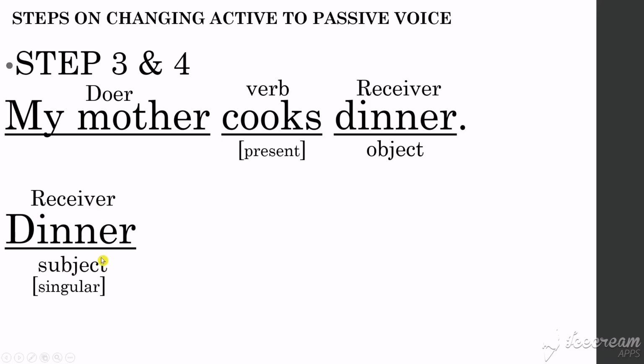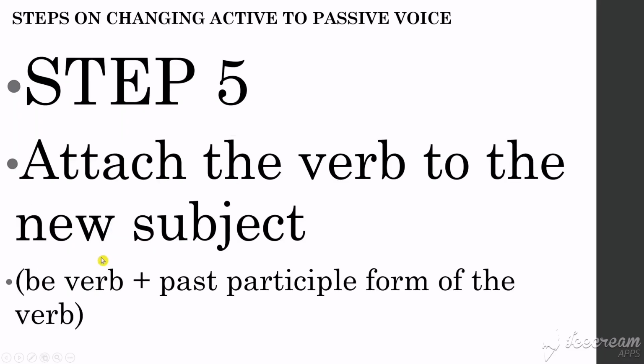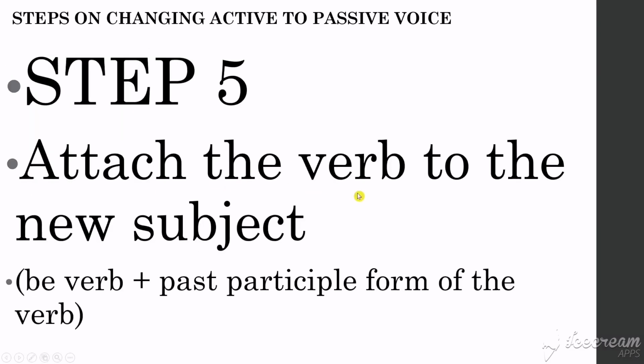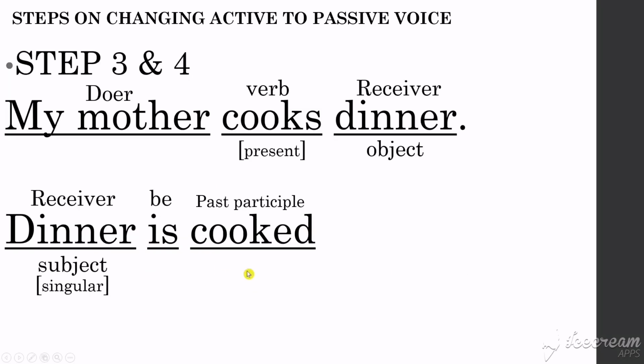Step 5. Attach the verb to the new subject. So how are we able to form the verb? It consists of the be verb and the past participle form of the verb. I used here the be verb is.